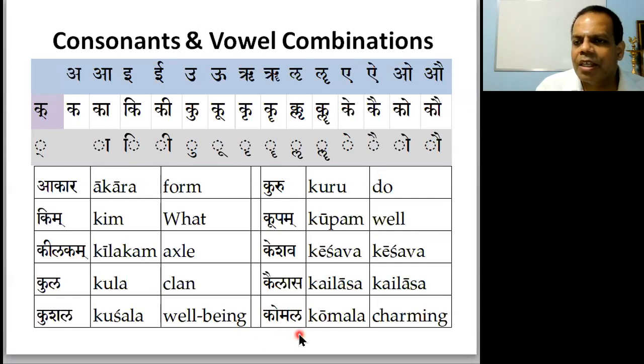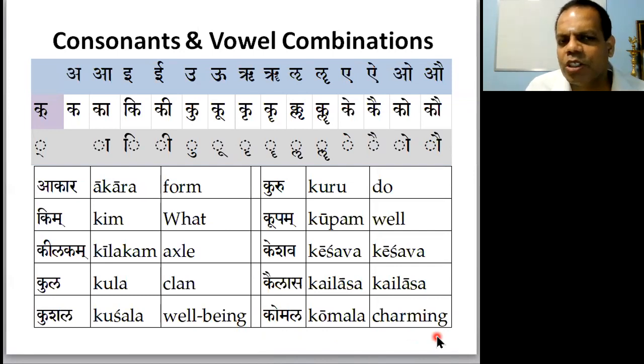The next word is Komala. Especially Tamil-speaking people sometimes will say Komala, but in Sanskrit it is Komala. Komala means charming. Shamala, Komala.